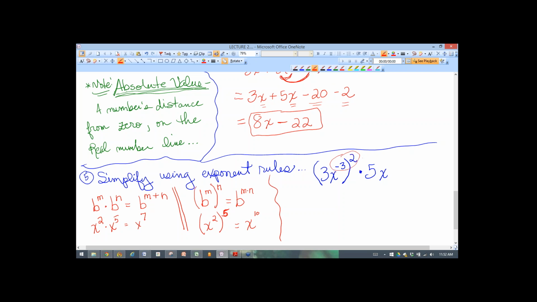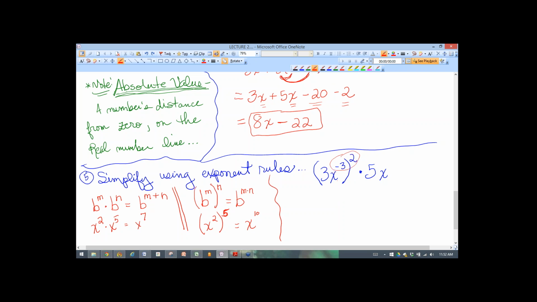Notice that earlier I talked about the exponent applying to what it's attached to. So I'm actually not just taking care of the negative 3 and the 2.